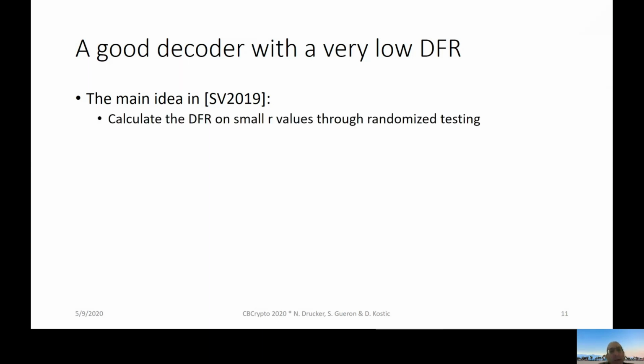First, the problem is that you cannot check the DFR directly, because if the DFR is 2 to the minus 128, you will never see a failure. So the idea is to calculate the DFR on small block sizes, small r values. For these small values, you do randomized testing, and you expect to see enough errors to estimate the failure rate.